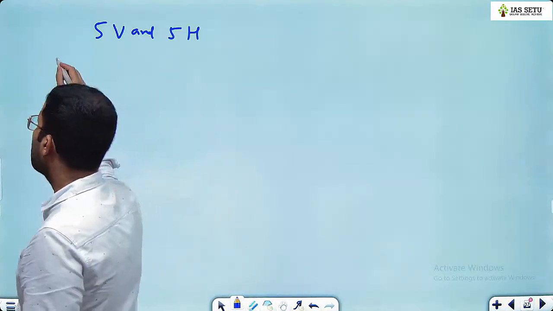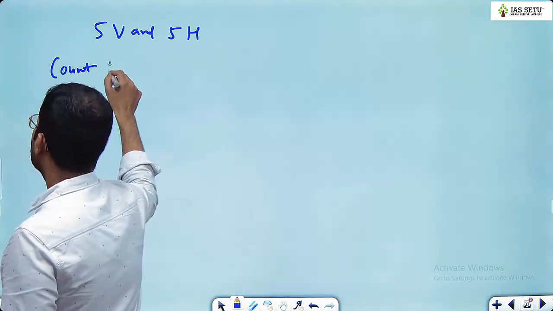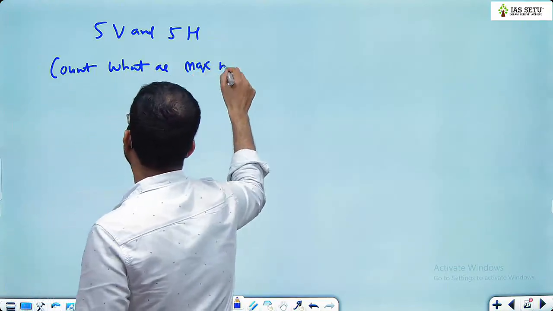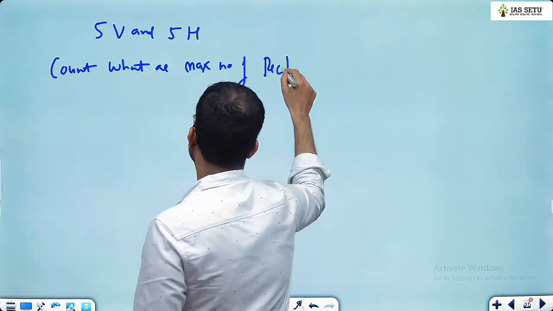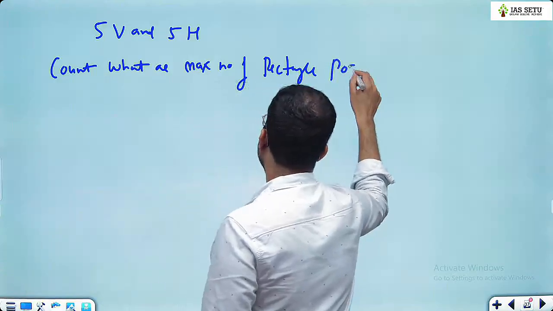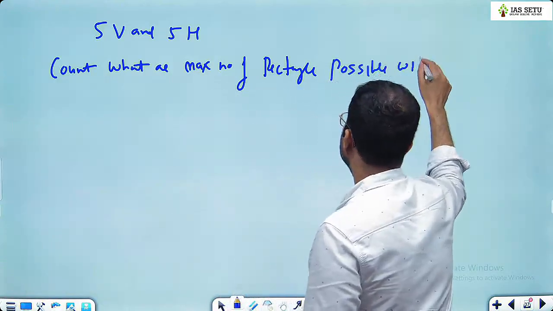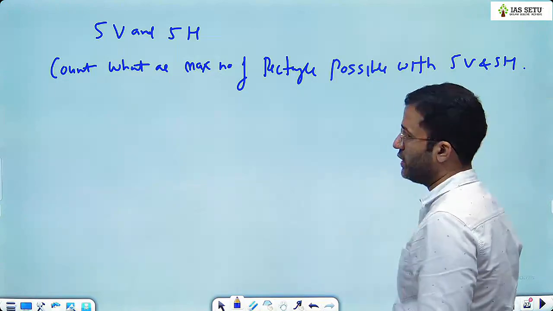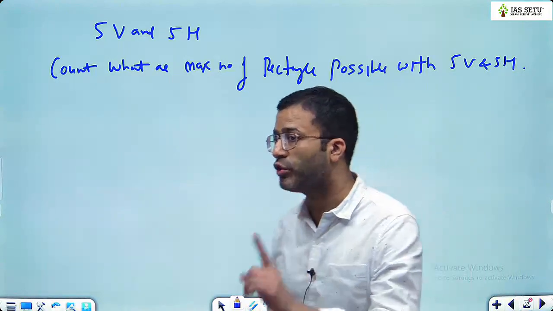Then they ask, count what is the maximum number of rectangles possible with 5 vertical and 5 horizontal lines. My question is number of rectangles.